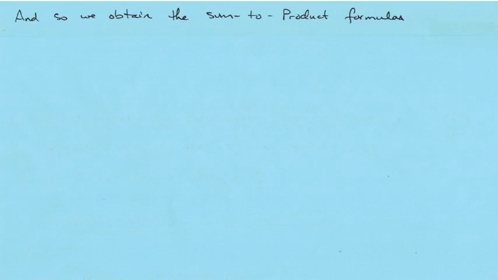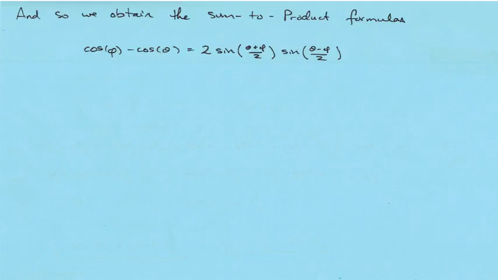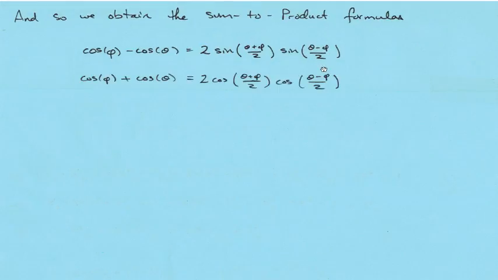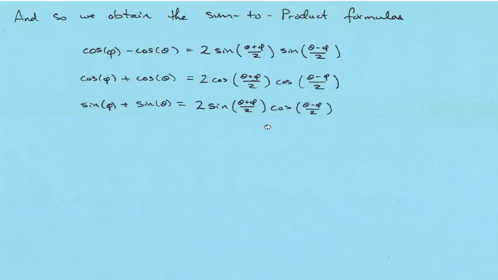And so, kind of putting these all together, our sum to product formulas look like the cosine of phi minus the cosine of theta is going to be 2 sine of (theta plus phi)/2 sine of (theta minus phi)/2. The cosine of phi plus cosine of theta will be 2 cosine of (theta plus phi)/2 cosine of (theta minus phi)/2.